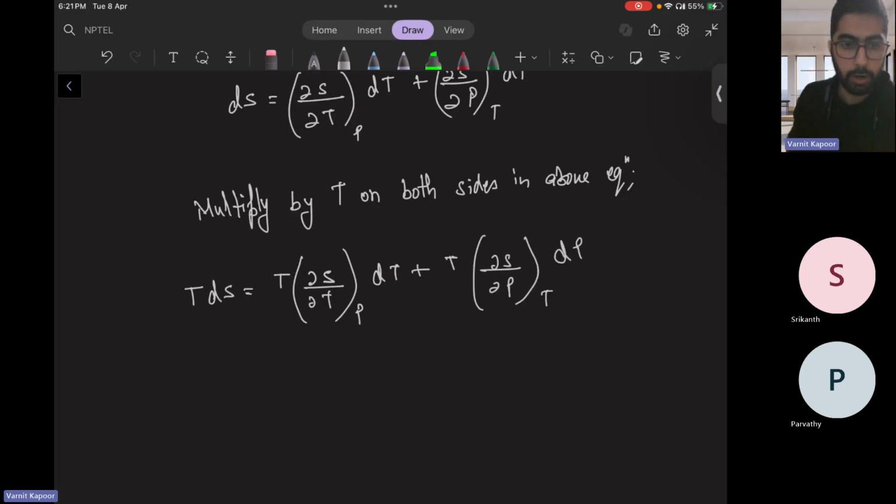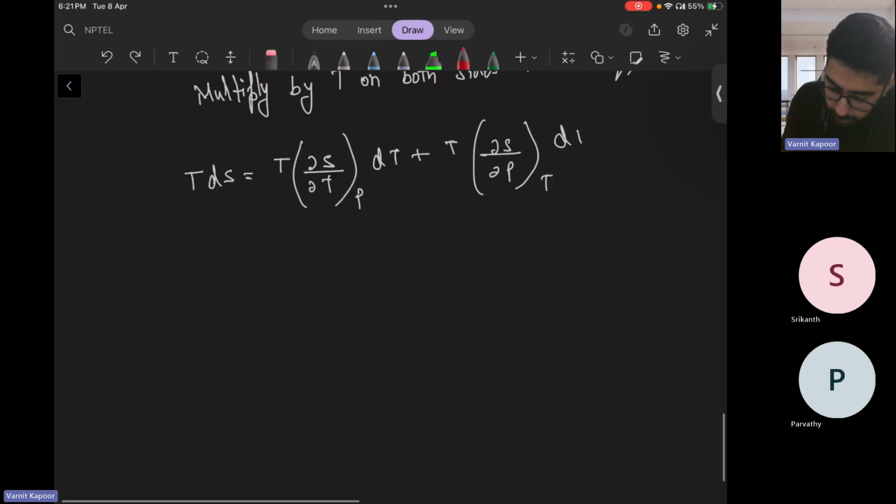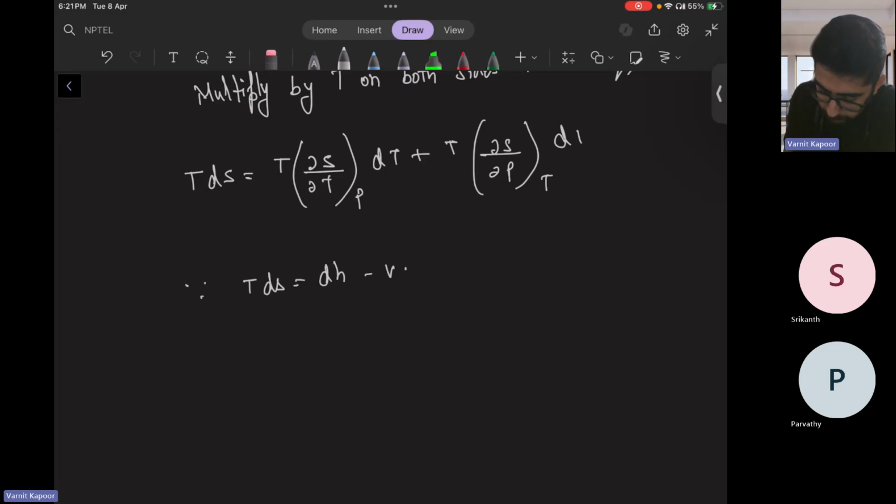Okay. Now again, you want these two coefficients, how will you get them? We know that for the first coefficient, the pressure is constant. Since TdS is dH minus VdP, for constant pressure the VdP term will be 0.